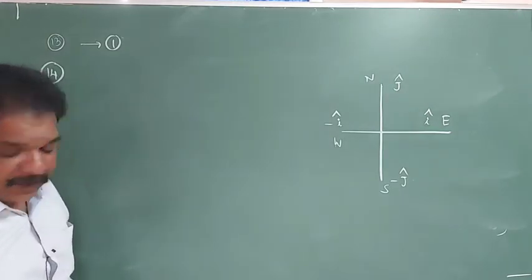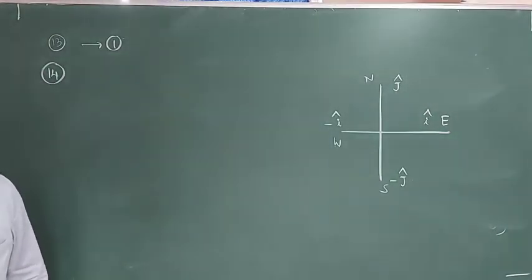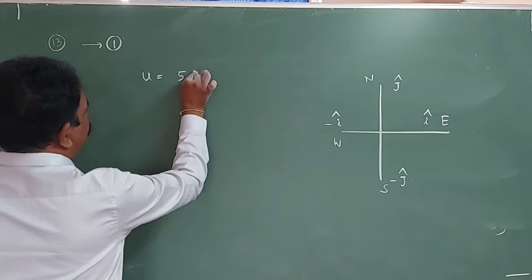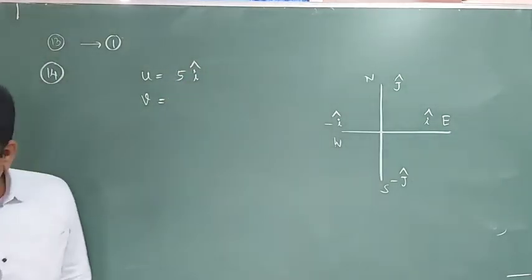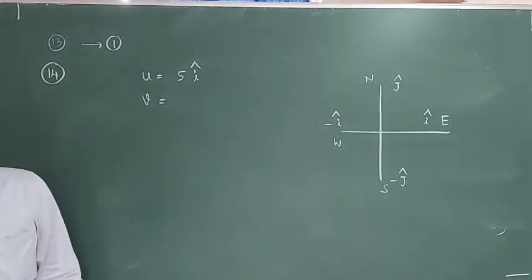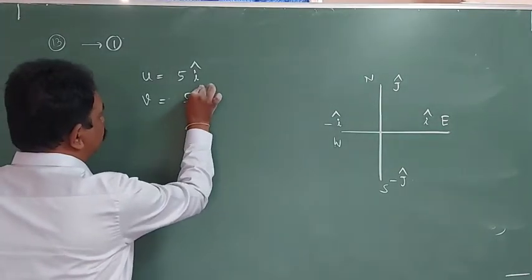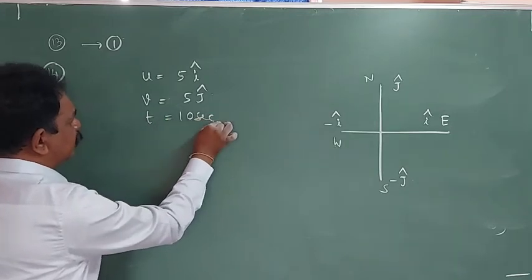Here, what is the initial velocity? 5 meter per second eastward. So u is equal to 5 i cap. Final velocity value will be north 5 meter per second, 5 j cap. Time is 10 seconds.